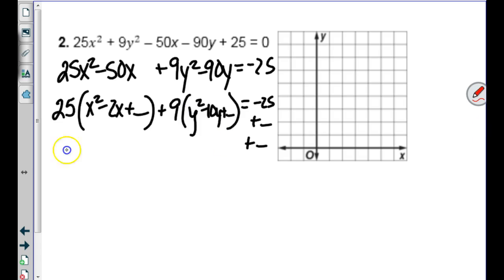We have a 25, and this quantity becomes... Guys, really watch your signs carefully, because that's going to be h or k. It's going to be h, and it would be negative 1 or positive 1. It'll make a difference. Then this one squared is 1, but we don't add 1 to the other side. We add 25, and then 9.